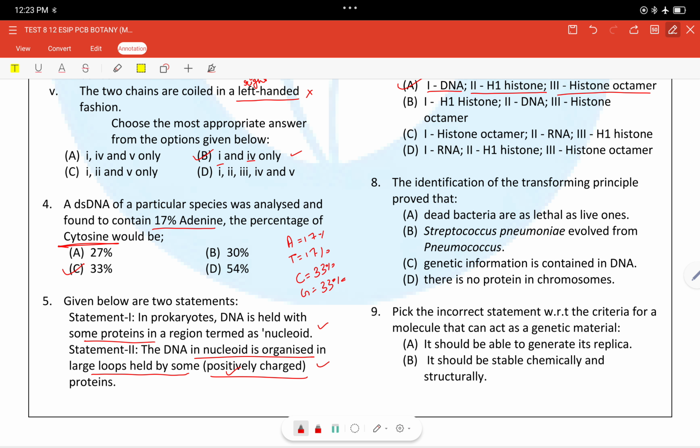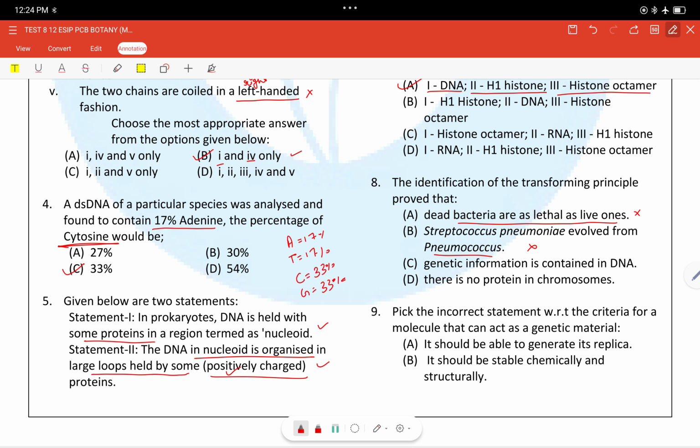Next, the identification of transforming principle proved that. Now what is transforming principle? Transforming principle was performed by Griffith, and he used Streptococcus pneumoniae, which had 2 strains, S strain and R strain. S strain was the virulent one and R strain was the non-virulent one. So in transforming principle, dead bacteria lethal as live ones. This is incorrect. Streptococcus pneumoniae evolved from pneumococcus.